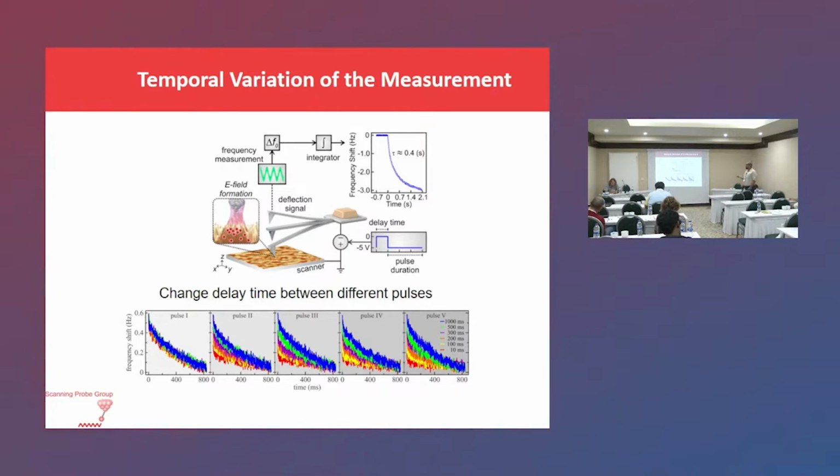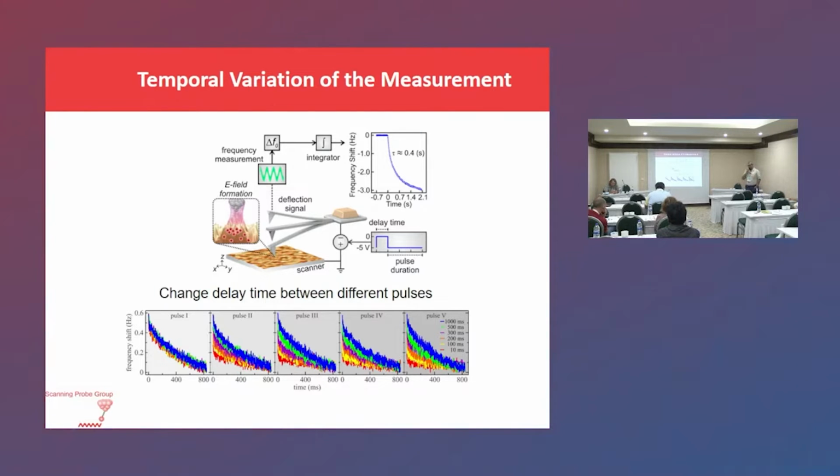So if we don't give the material enough time to recover itself, and if we just electrically excite the material after a short period, for instance, after 100 milliseconds or 10 milliseconds or 200 milliseconds, we observed that the charge carrier dynamics are absolutely different. So actually, the very first measurement is different than the very last measurement if we don't wait long enough between the measurements. So there's a history-dependent effect for this charge carrier dynamics.